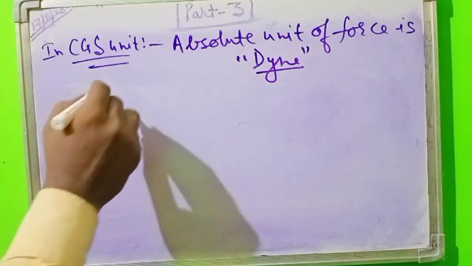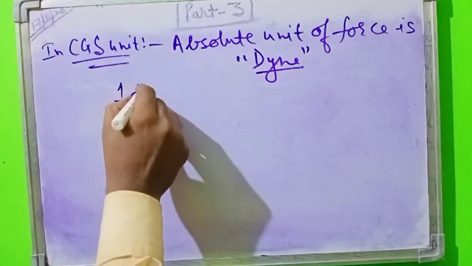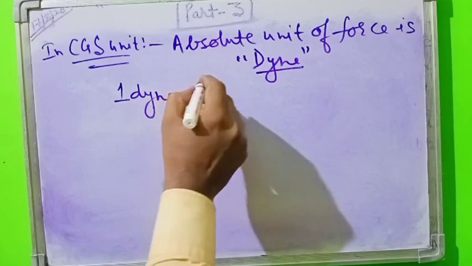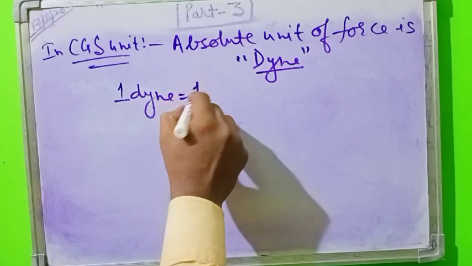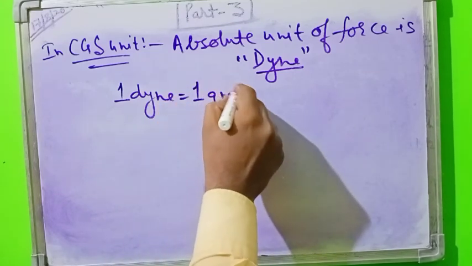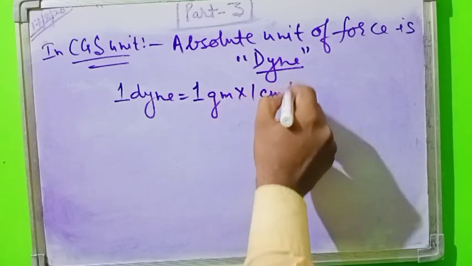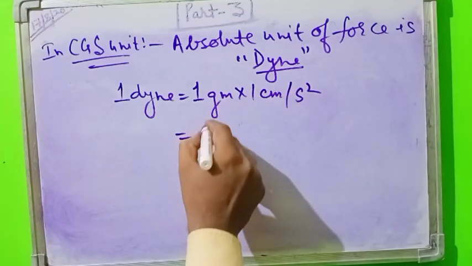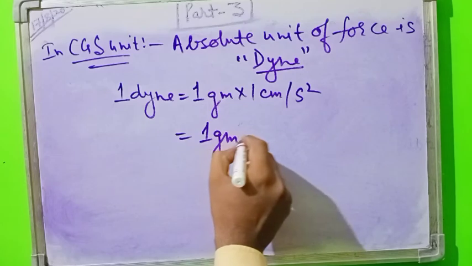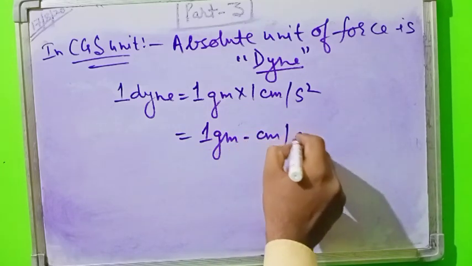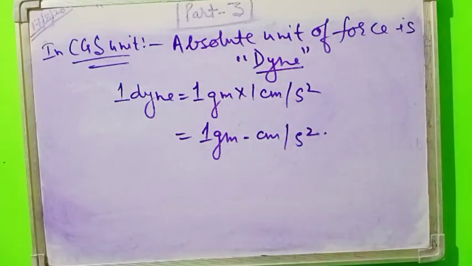So what is 1 dyne? Since this is the CGS unit, 1 dyne is equal to 1 gram into 1 centimeter per second square, and it can be written as 1 gram centimeter per second square.